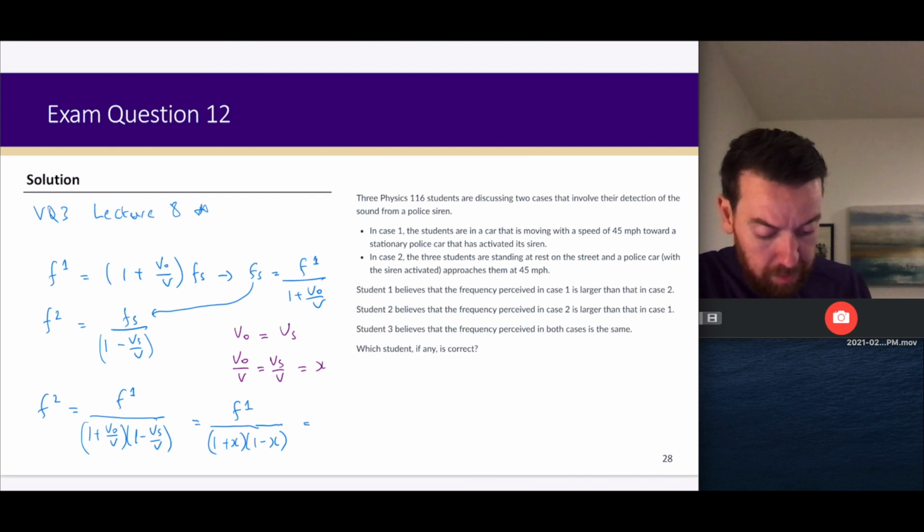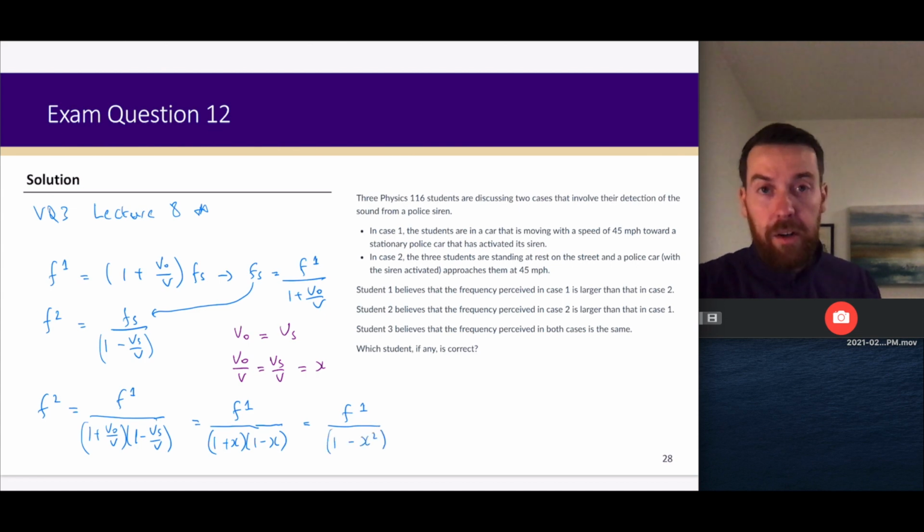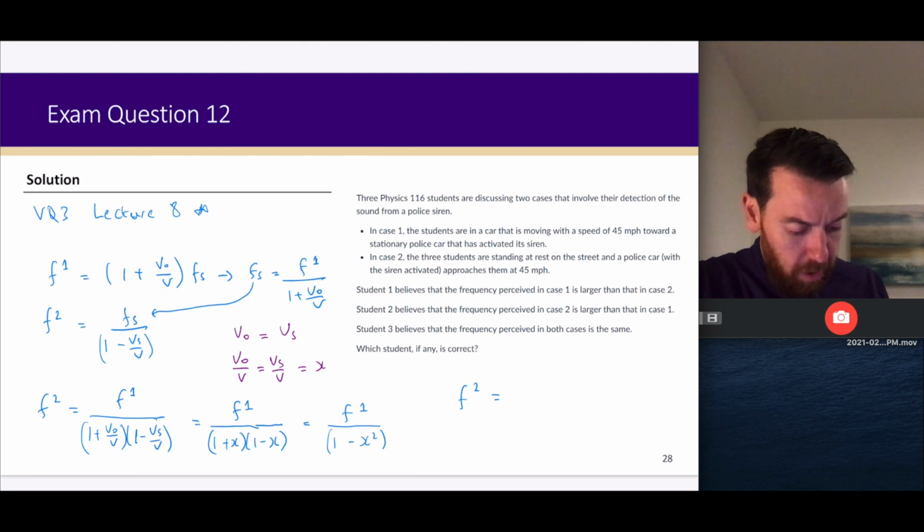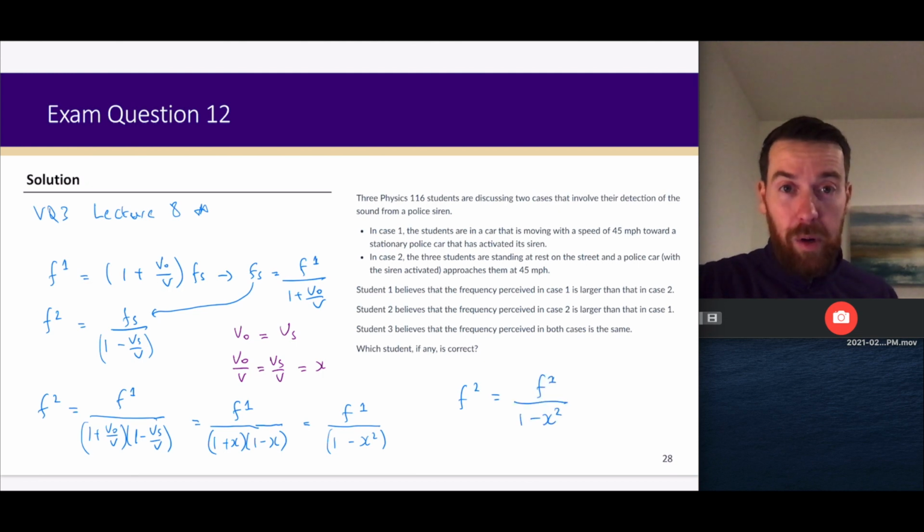So this is equivalent to F1 divided by 1 minus X squared. 1 minus X squared is the difference of two squares, which equates to 1 plus X times 1 minus X. In this particular case, 1 minus X squared will be less than 1.